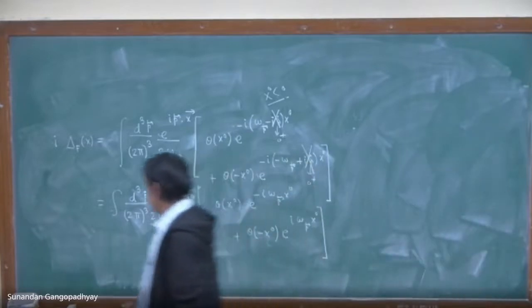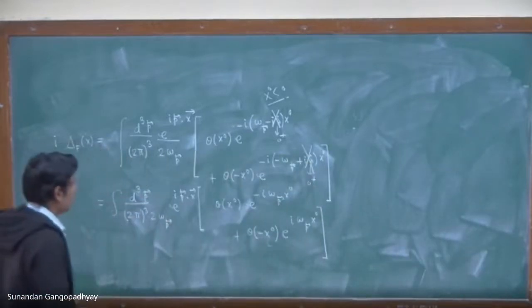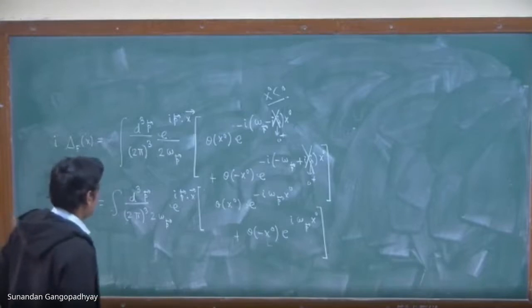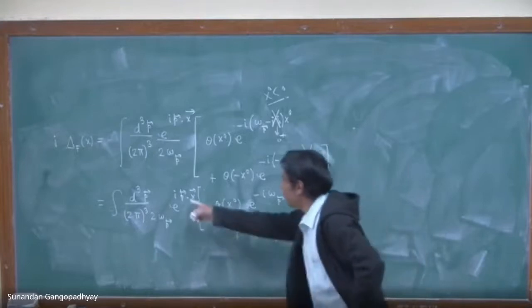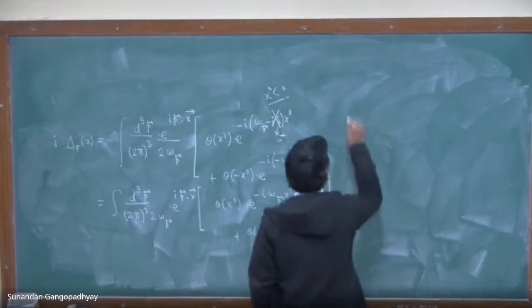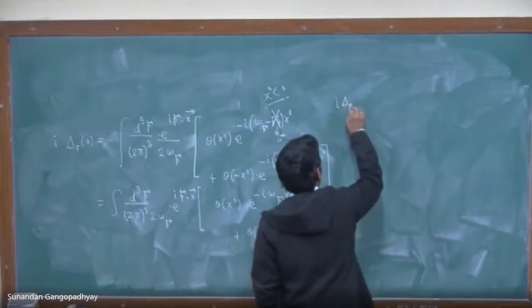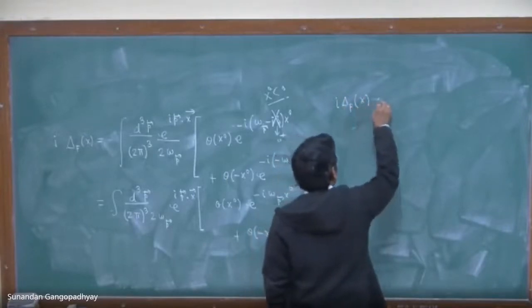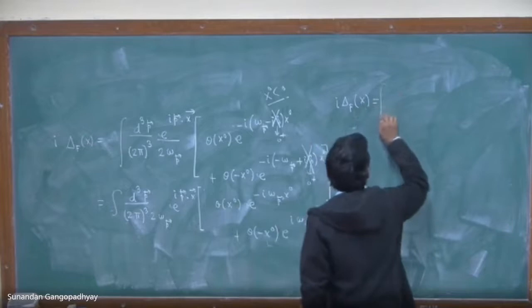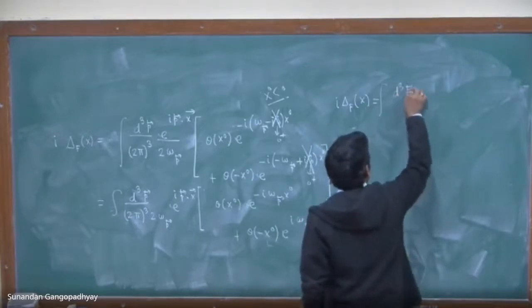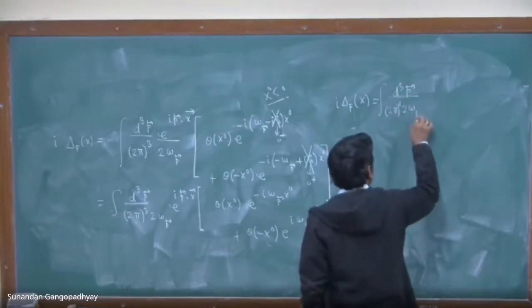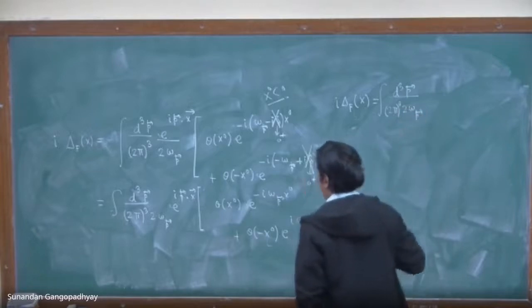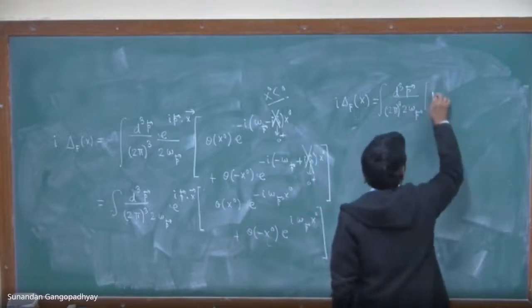So once we have this result, you can see that you can put this e to the power of I p dot x factor here. So this will be I delta F x is equal to the integral, omega p, to the power of.